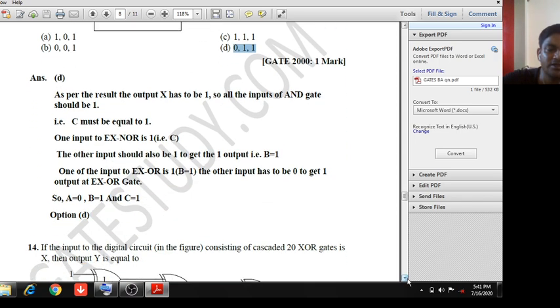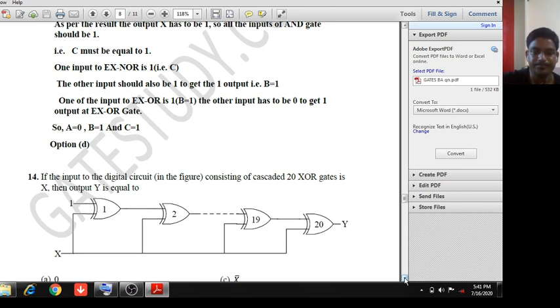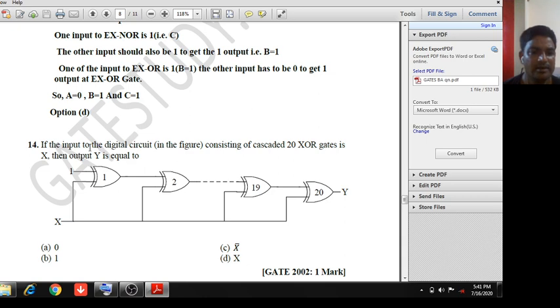Okay, and this is the very important question for gate point of view or for competitive point of view. In this circuit, what will be the value of output if there are cascading of 20 XOR gate? This is 1 2 3 4 up to there are 20 gates.